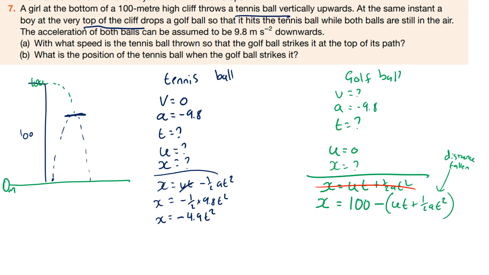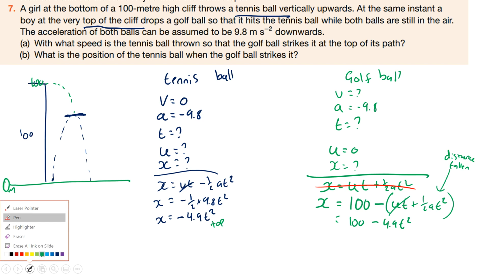And so when you subtract that, that's going to give you how high above the ground it is. And we do this because we can then go, oh, by the way, this cancels, and that's going to be minus 4.9 t squared. We do this because we know that at the top of the arc, these two things will have the same position.